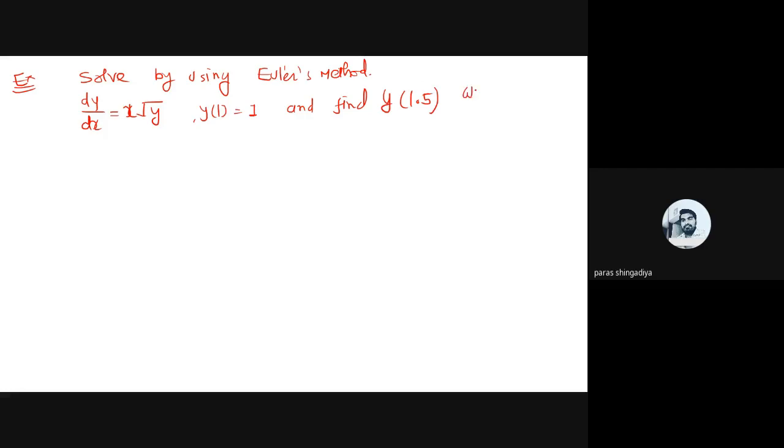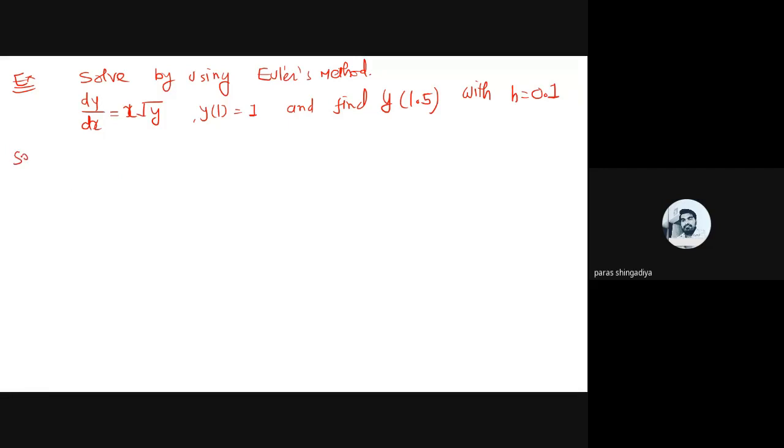Solve by using Euler's method, dy by dx is equal to x root y, with y of 1 is equal to 1, and find y of 1.5, with step size h equal to 0.1.